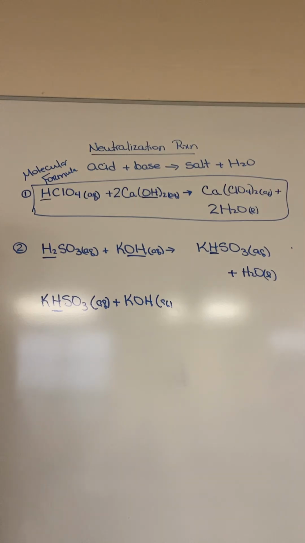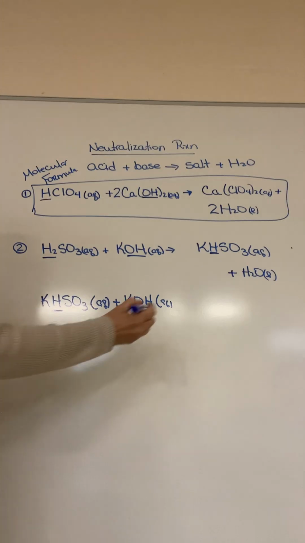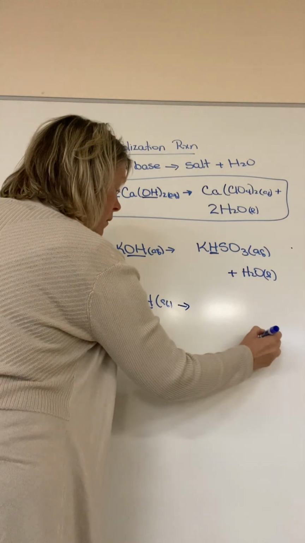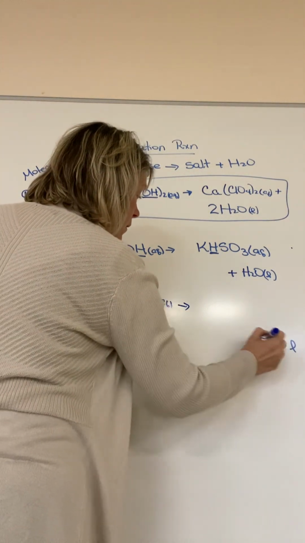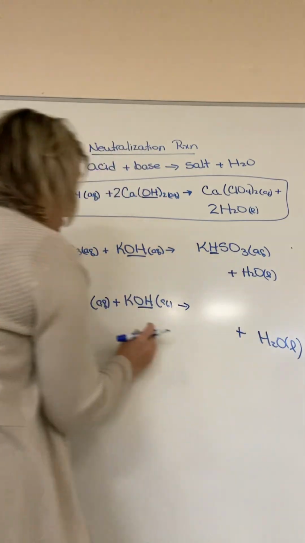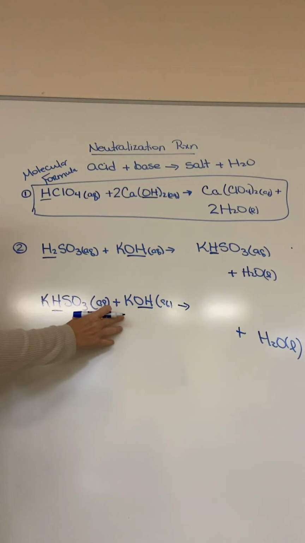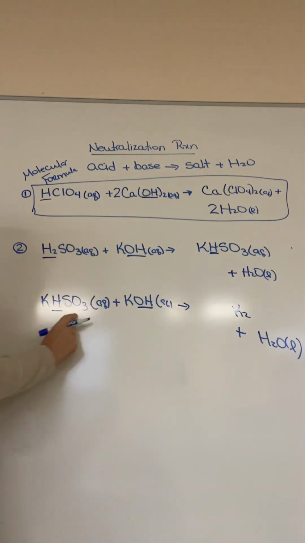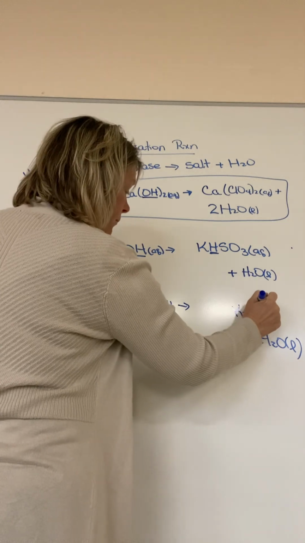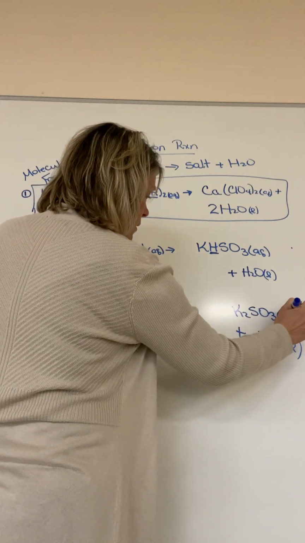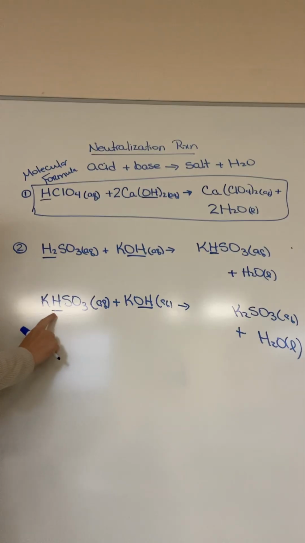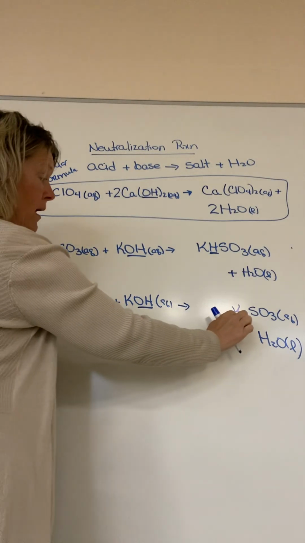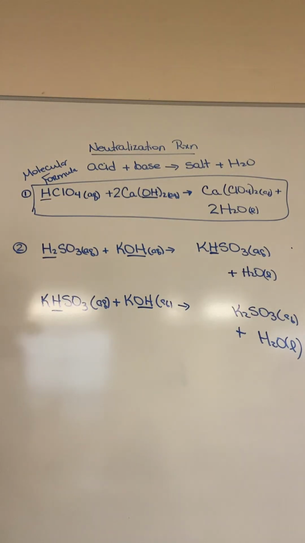This acidic hydrogen will be transferred to our hydroxide there to form water. And then what's left over will form our salt. We have 2 potassiums, okay, and we have SO3. And that's going to be aqueous. Now, remember, this hydrogen here formed water, so it's no longer there. That's where we got the K2SO3.